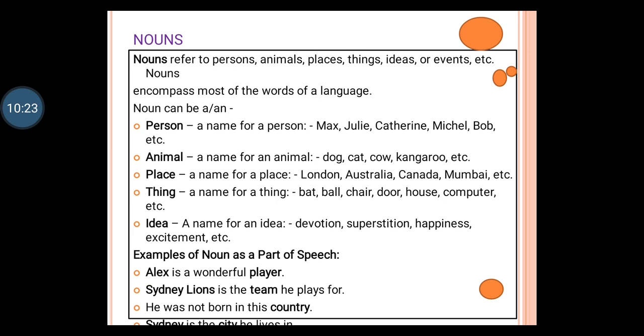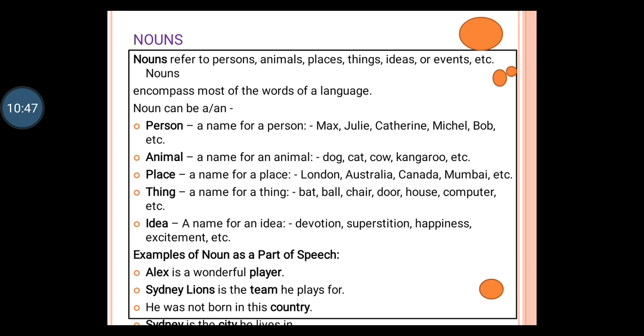We can call our dogs special names. Animals are also categorized as nouns. Then, a place, the name of a place: London, Australia, Canada, Mumbai, Nigeria, Ghana, Togo.